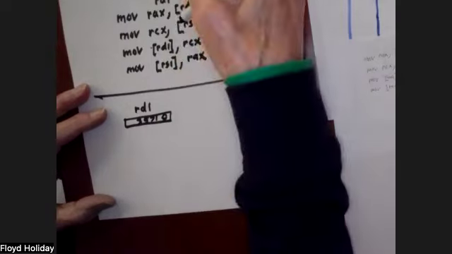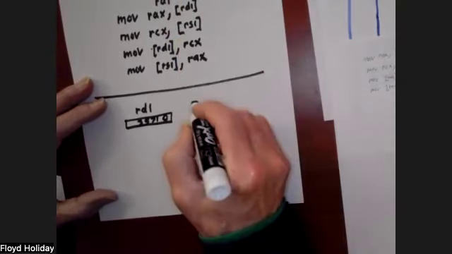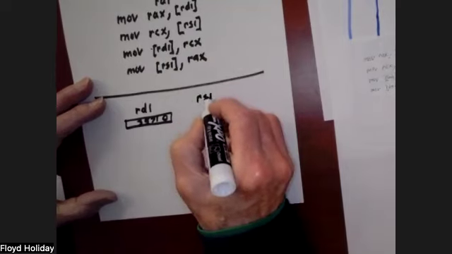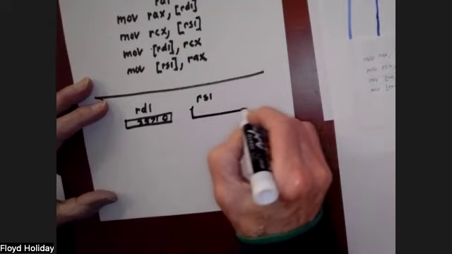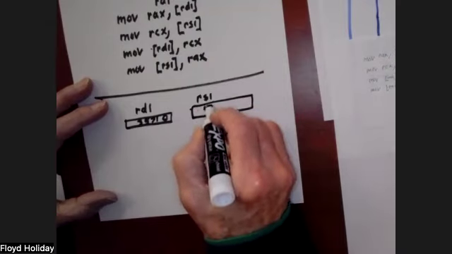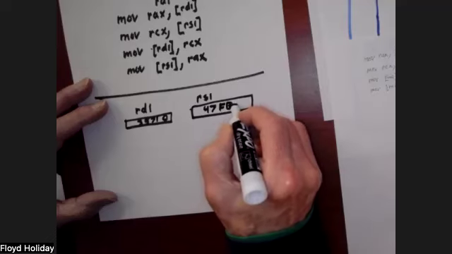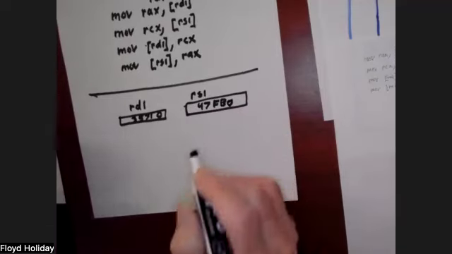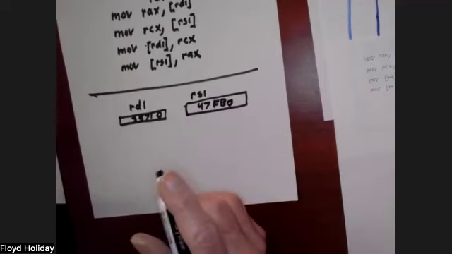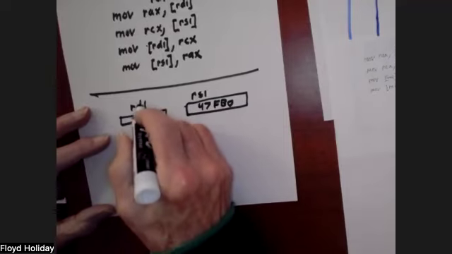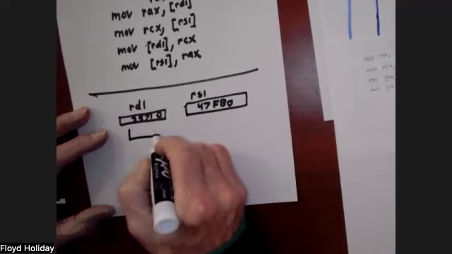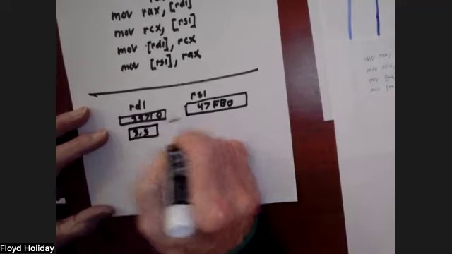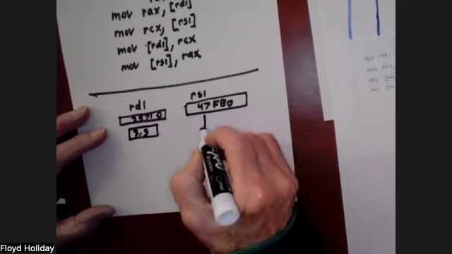And the address of this number in the array goes into RSI. What's in there is another address number, 47FB. They're probably close together, but apart from that, okay. At that address, which is stored in RDI, there is actually the number 3.5. And at that address, there is actually the number 2.7.